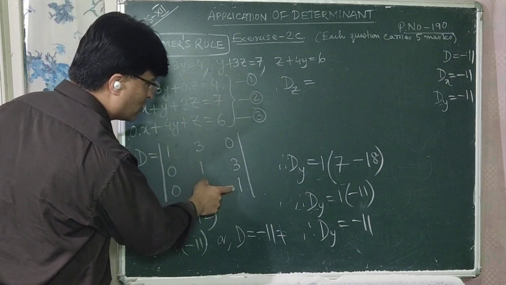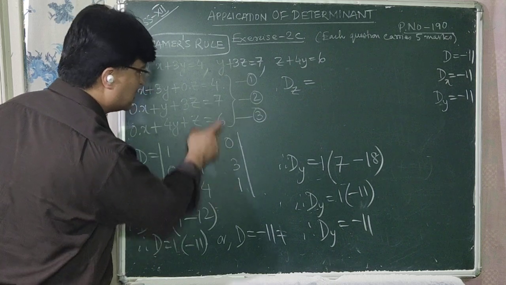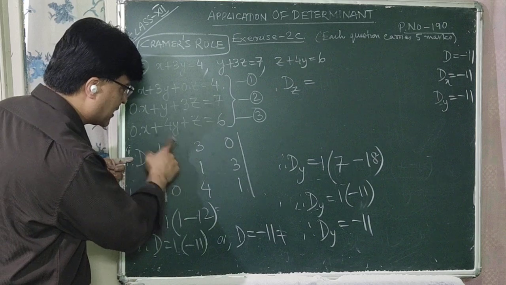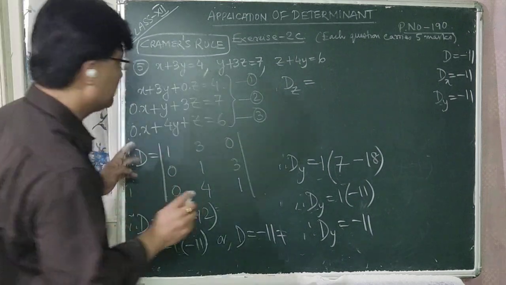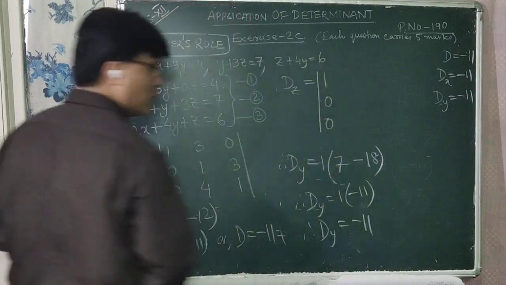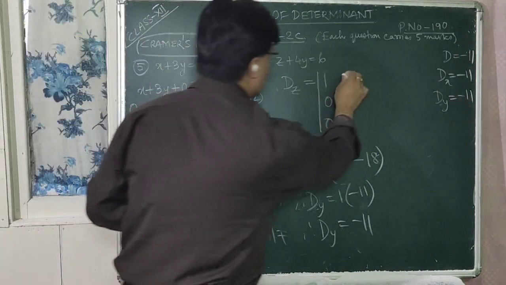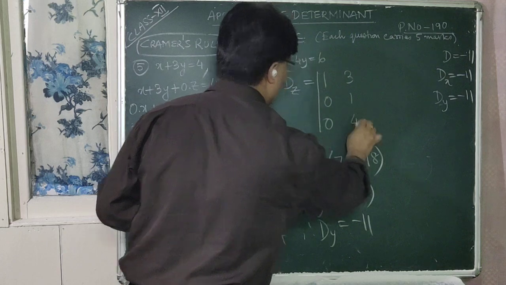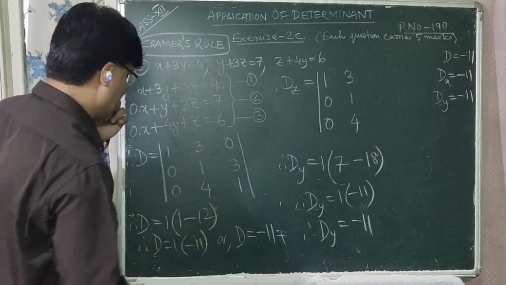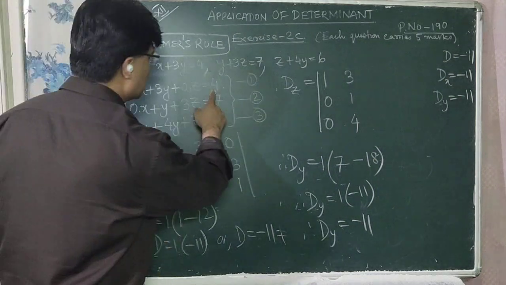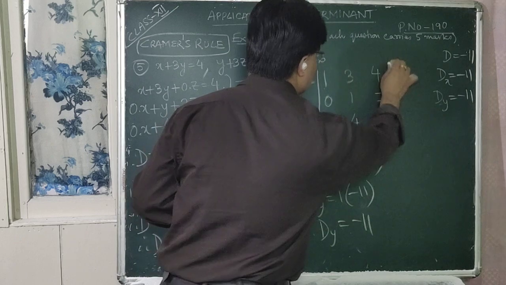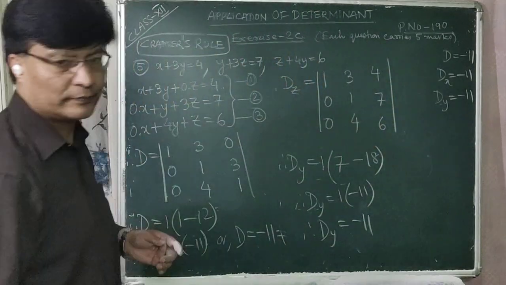Now this third column should be replaced by the constants 4 7 6, keeping the first column and the second column the same, right? That is 1 0 0, the first column. What is the second column? It is 3 1 4, right? And this third column, that is 0 3 1, should be replaced by the constants 4 7 6.